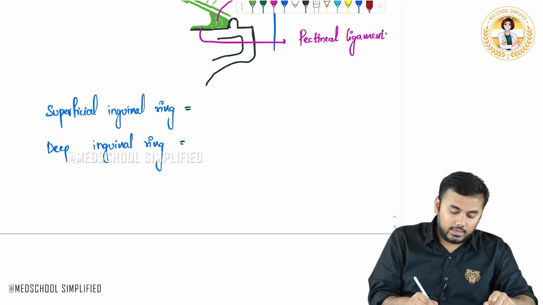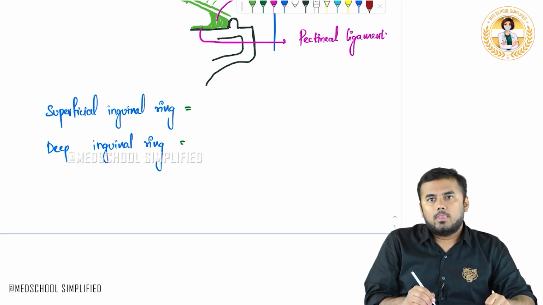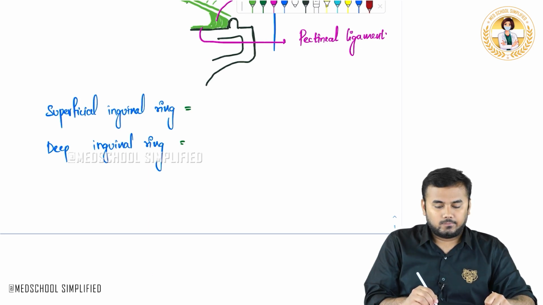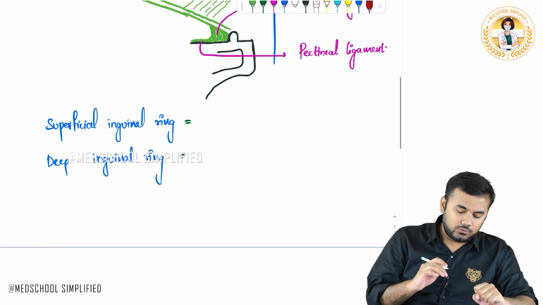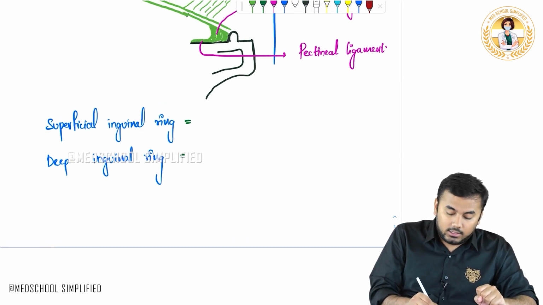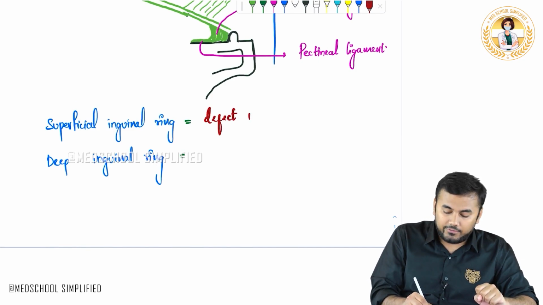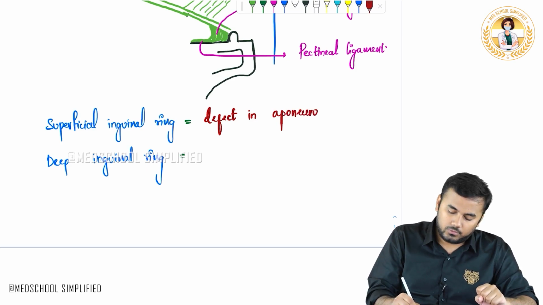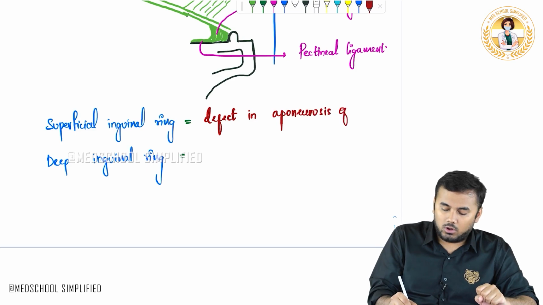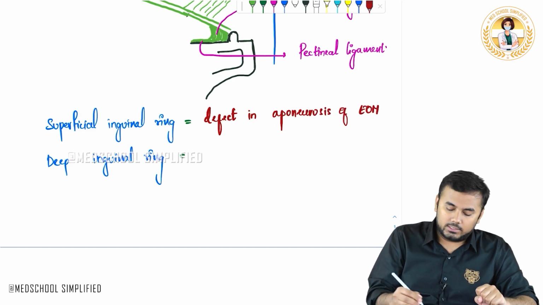The superficial inguinal ring is formed in this way, that it is a defect. The superficial inguinal ring is nothing but a defect in the aponeurosis of the external oblique muscle antero-inferiorly.